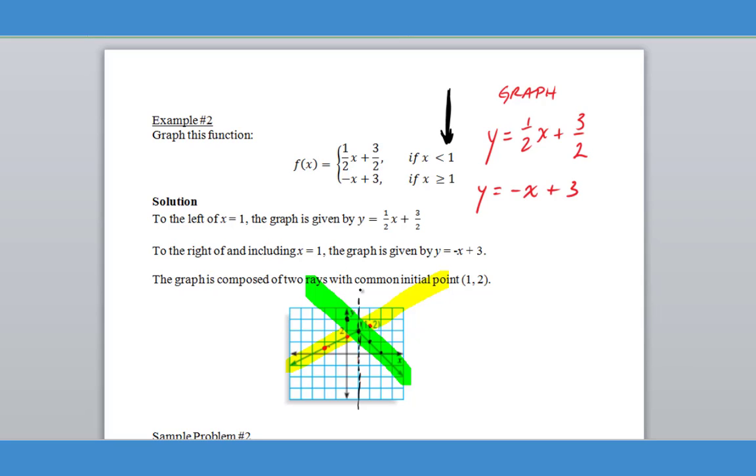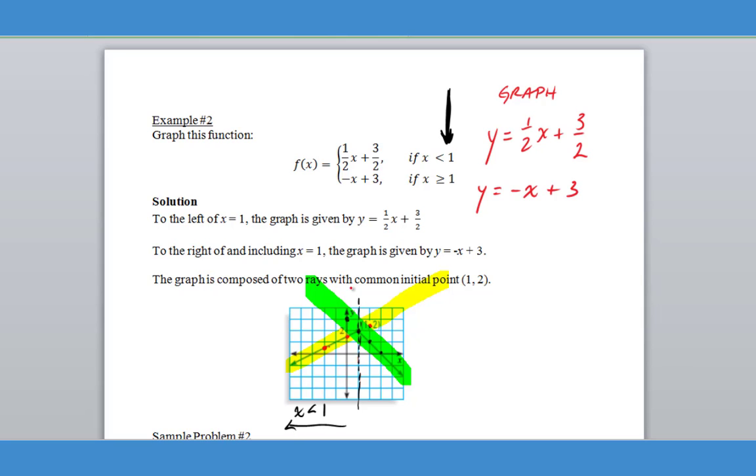Okay, and so let's take a look at this. It says I'm going to graph 1/2 x plus 3/2 for all the x values that are less than 1. And all x values that are less than 1 are over here on this side of the graph.